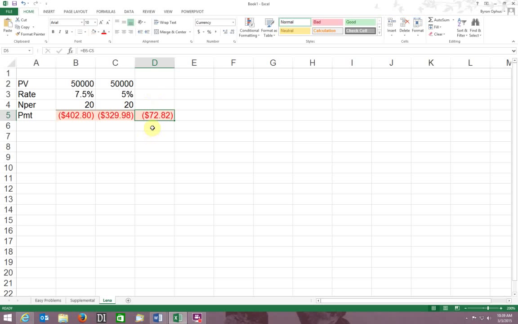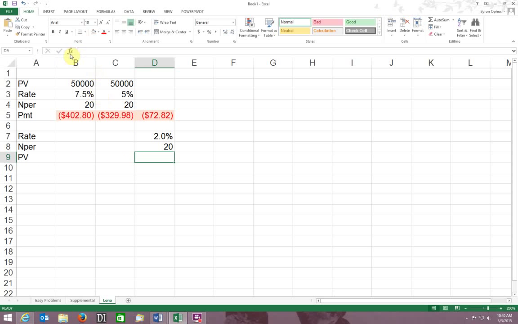If my earning rate, so let's come down here and say that now I've got a discount rate of 0.02, or 2%, and I've still got my number of periods as 20 years, but this is monthly, so I'll have to make that conversion. I've got a payment there, and what I'm going to be solving for here is my present value.